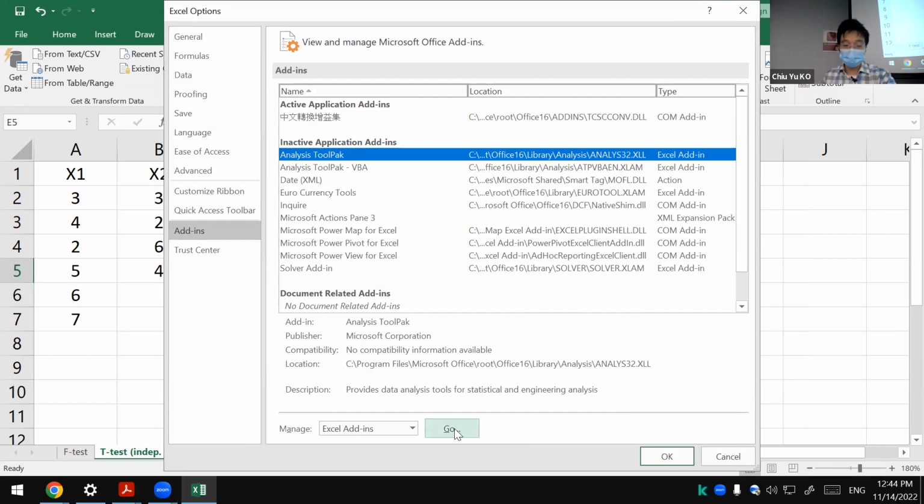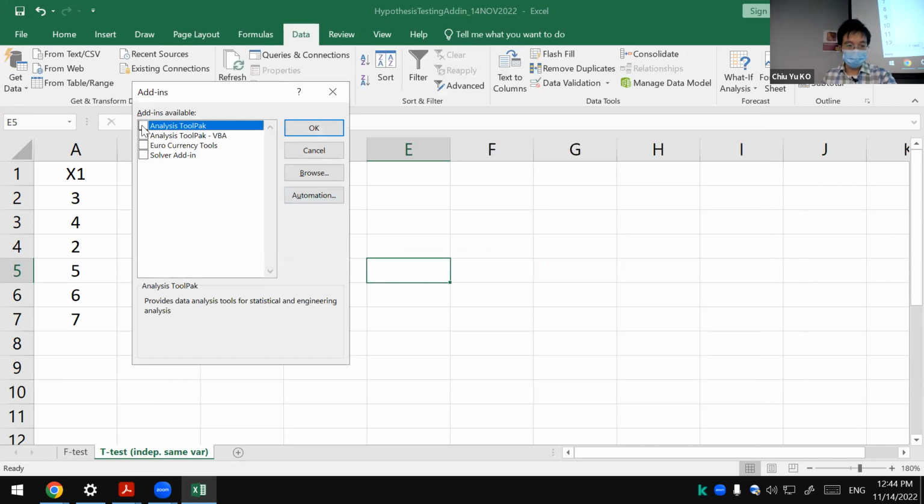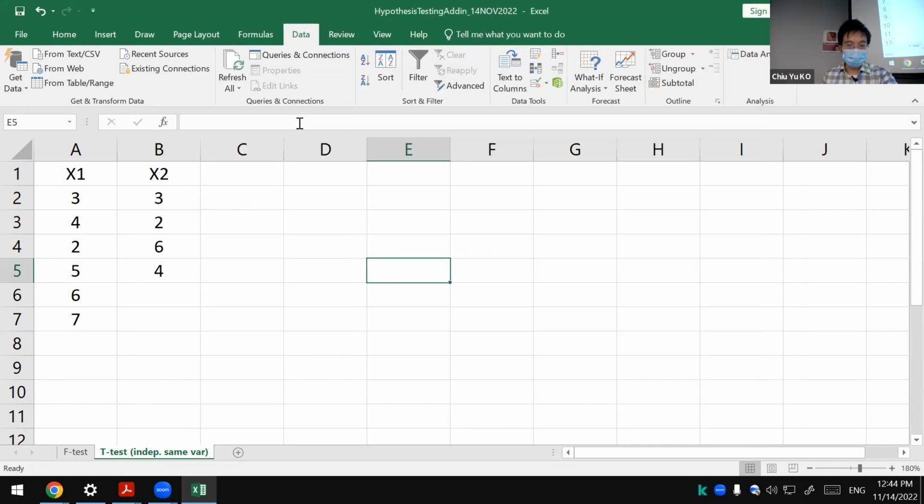Then we click OK, and Data Analysis appears here. With a similar technique, it's somewhat related for the Mac, because I don't have a Mac, but I think we did it in topic 1, so it shouldn't be an issue.